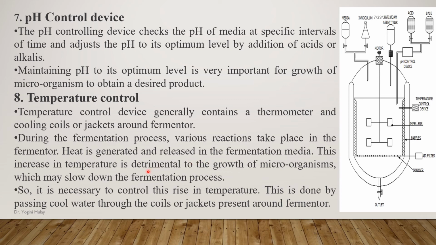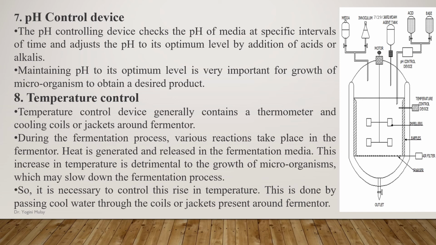And if there is a continuous increase in the temperature, then this rise may not be suitable for the growth of microorganism as well as for the production of the desirable product, and therefore it is necessary to maintain the temperature at the optimum level, and this can be done by passing cool water through the coils or jackets which are present around the fermenter.